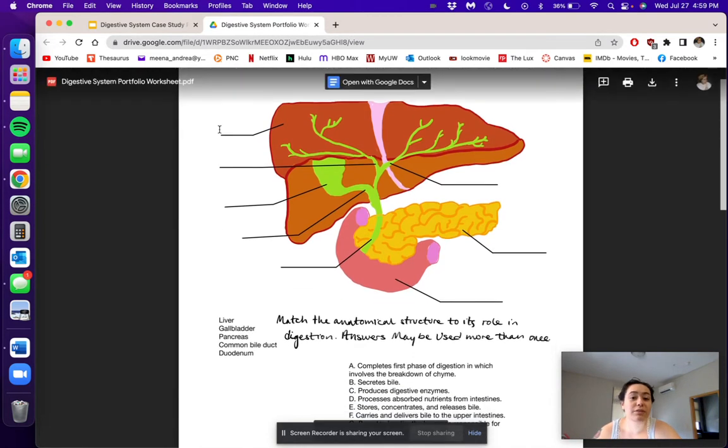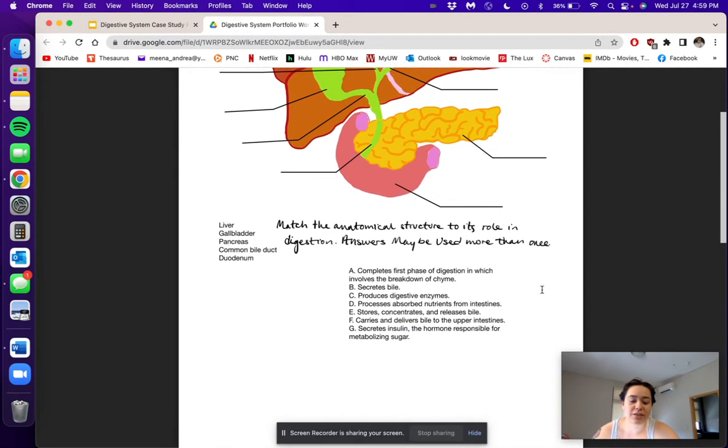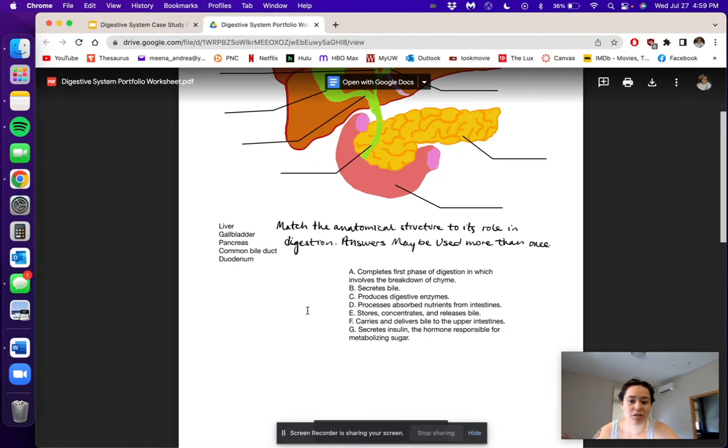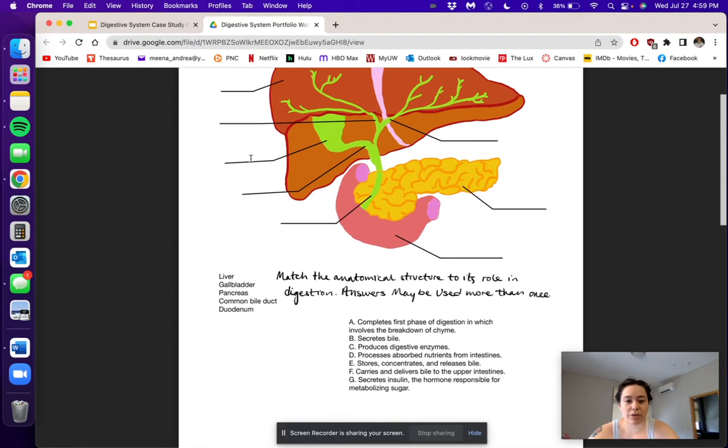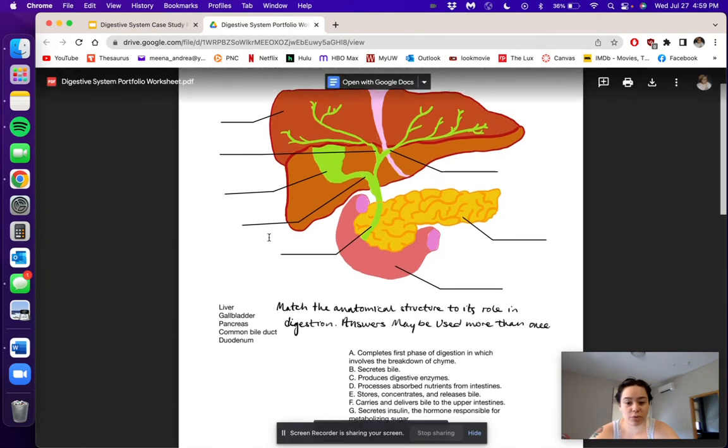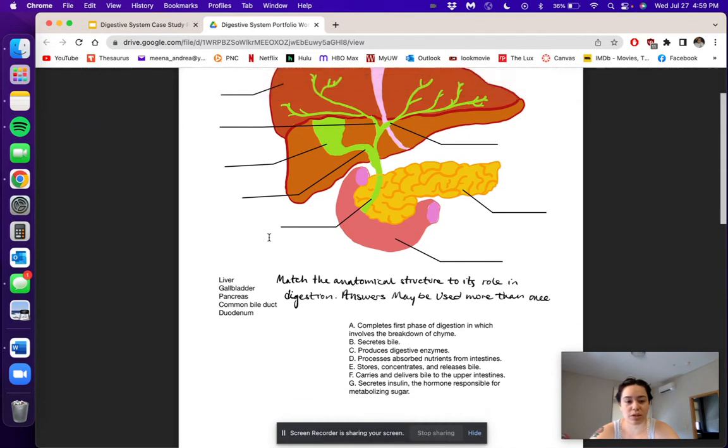First, you are to label them with their name. And then next, you are to match the anatomical structure to its role in digestion. Here are the structures. And then these answers may be used more than once. So this is to practice talking about these structures and what they do. So then we can take that knowledge and implement it into looking at this case.